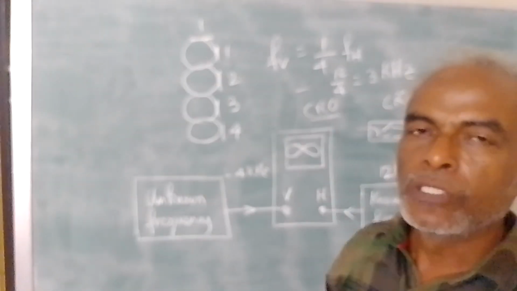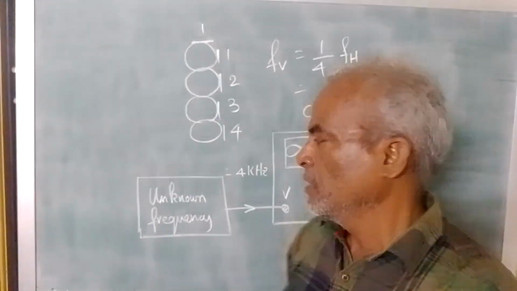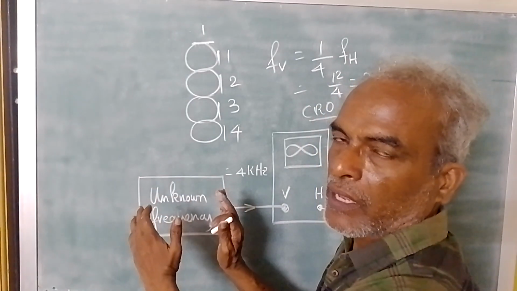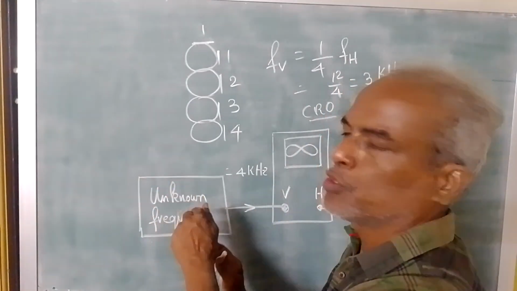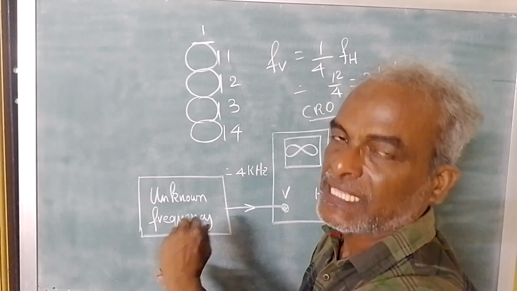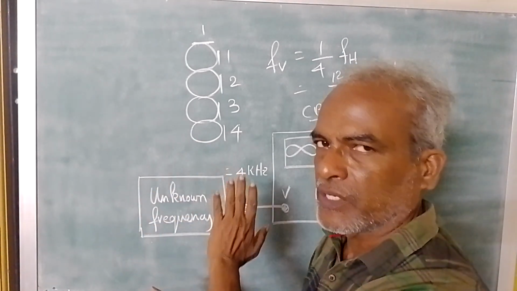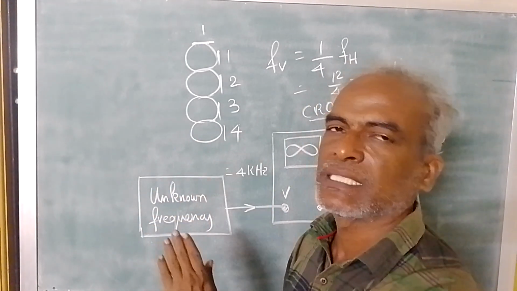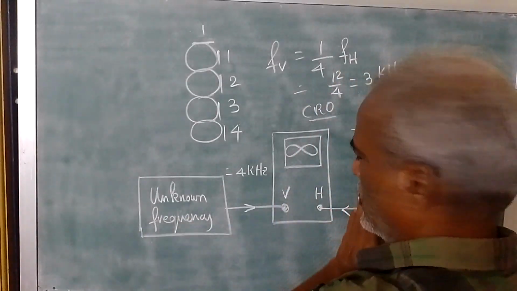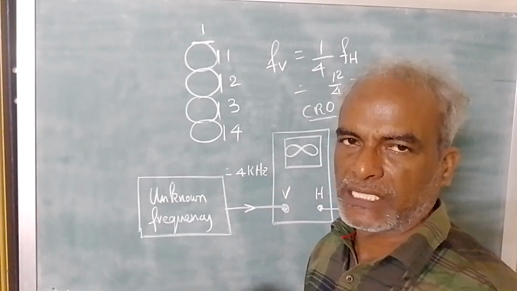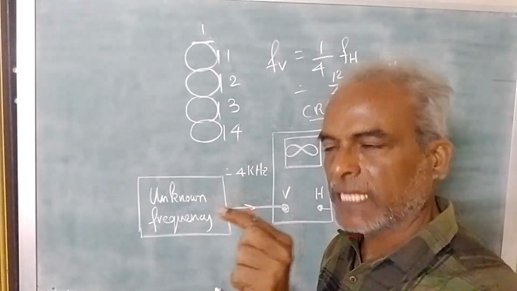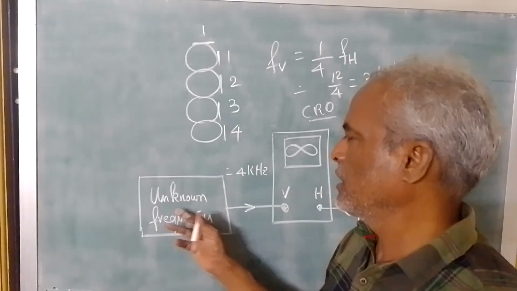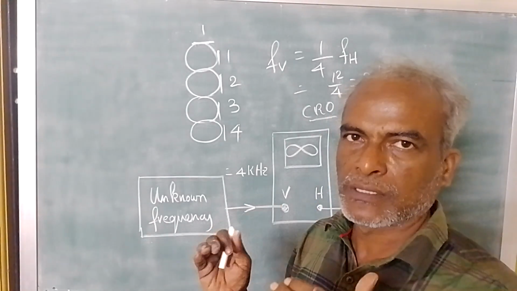So in the lab, this side you will be having a function generator in which you can select what? Sinusoidal function. You will be having other functions also. You select sinusoidal function. Here also you select another signal generator. You select sinusoidal function. First you try, say this is 10 kilohertz, this is also 10 kilohertz.